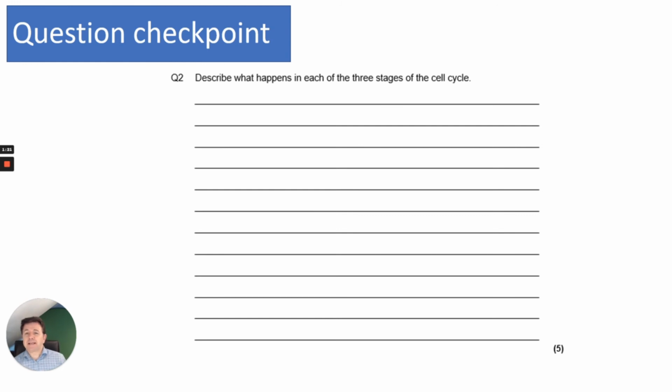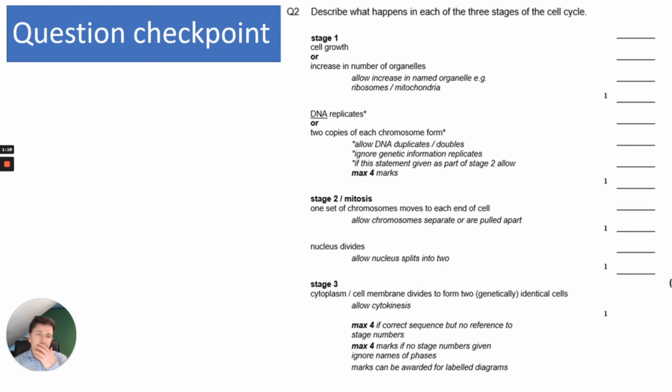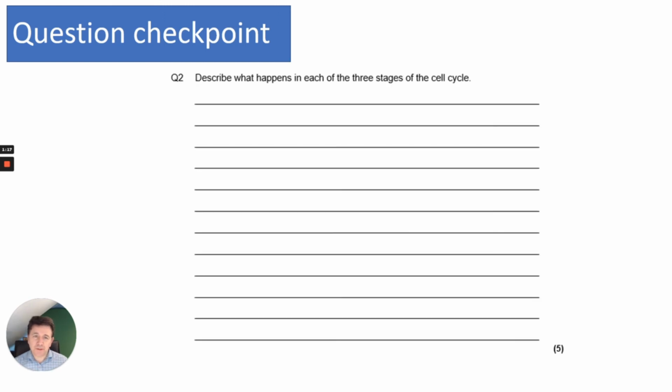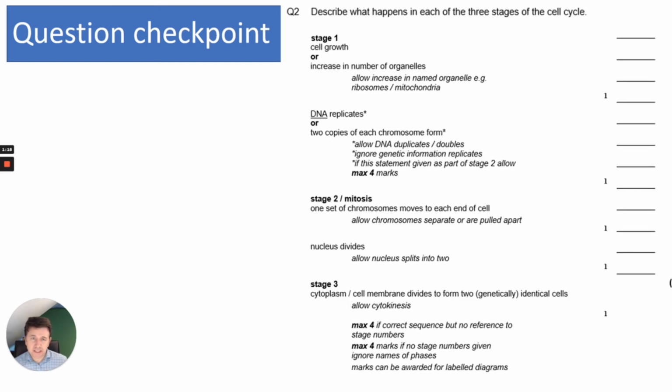So let's have a look at the answers. So first of all, stage 1, so it does say the 3 stages. So stage 1, you can either have the cell is growing, or there's an increased number of organelles, or you can say there's an increased number of ribosomes or mitochondria. The DNA then replicates, and that's really important that you say that it replicates.